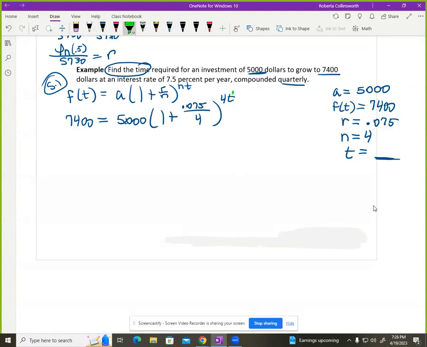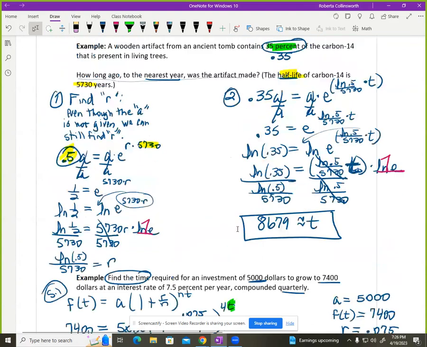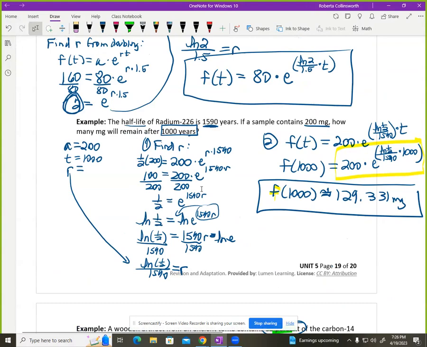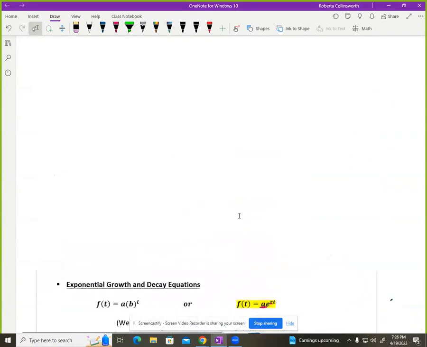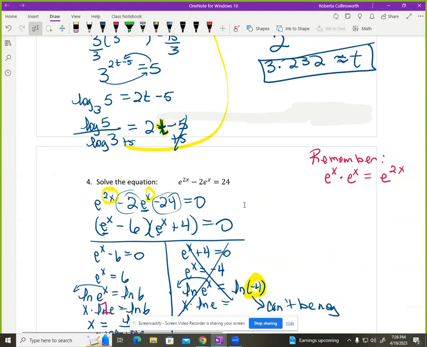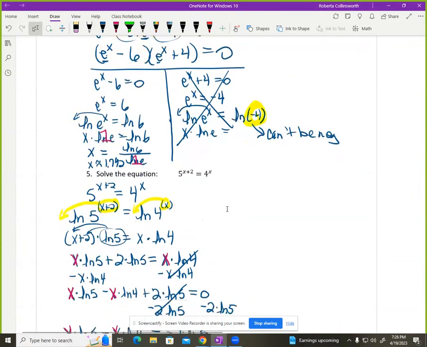So you see I'm missing this exponent. Just like up here, I needed to find r because that was in my exponent part. So I had to find it. Just like I did up here, I had to find this exponent part. So we know how to do that.